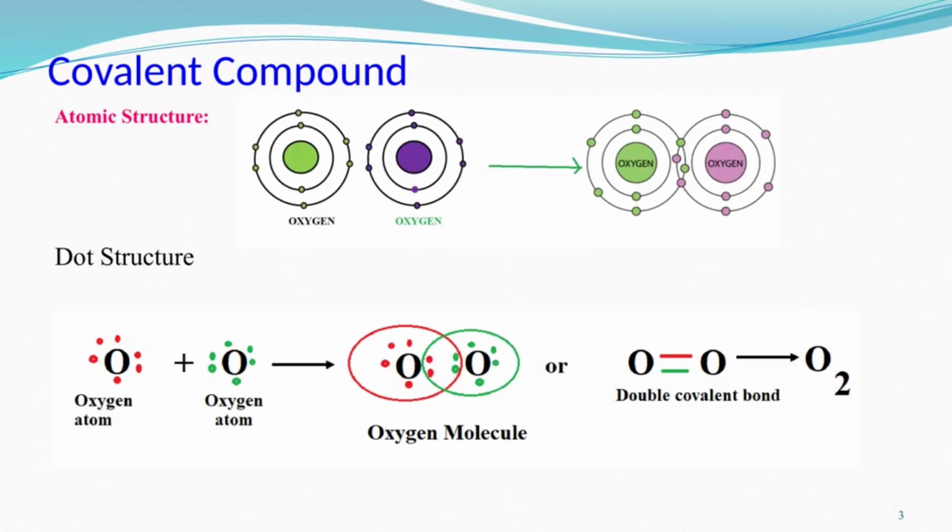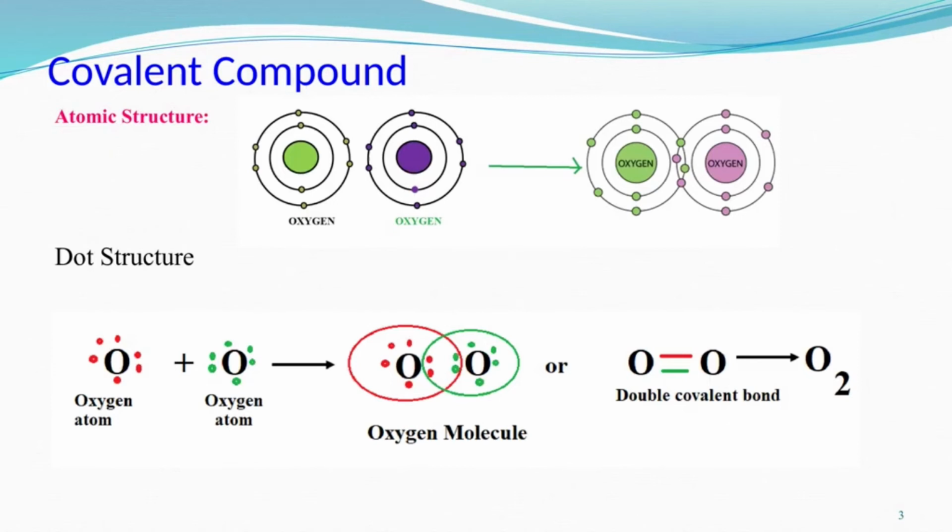The double covalent bond which we have discussed earlier is shown, that of oxygen equally sharing electrons with each other, which is a non-polar covalent bond. Both oxygen atoms have 6 electrons and require 2 more electrons to become stable. So they share 2 electrons with each other to make an octet configuration.